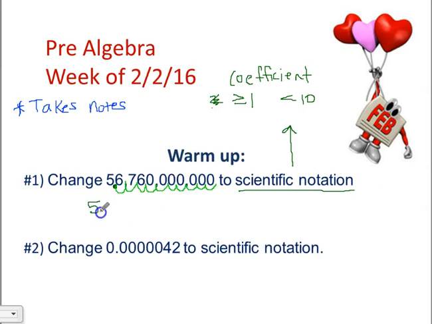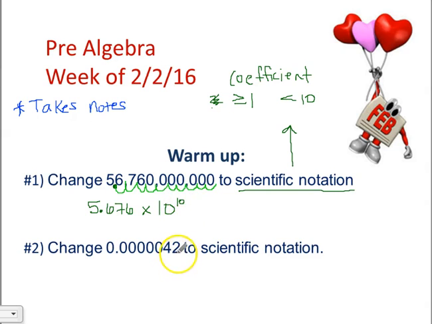Our coefficient is going to be 5.676 times 10 to the, did we say 10? 1, 2, 3, 4, 5, 6, 7, 8, 9, 10. Since we moved 10 places to get to that decimal point, the base will be raised to the 10th power. And anytime we're creating a large number, we know that it's going to be a positive exponent.